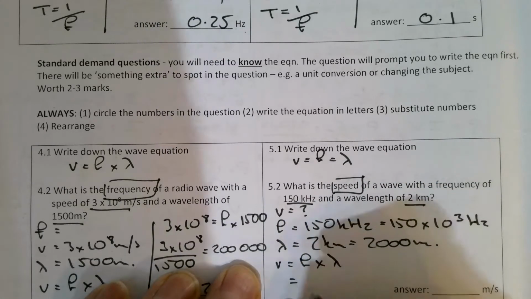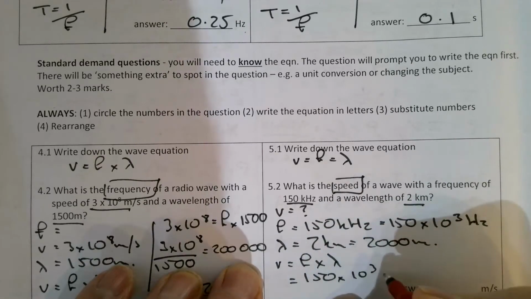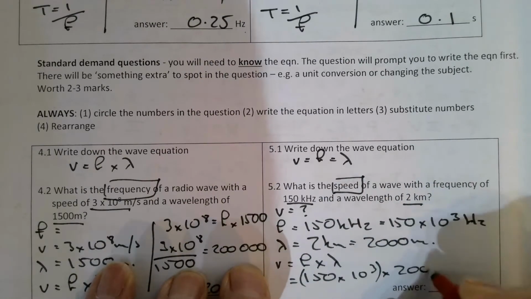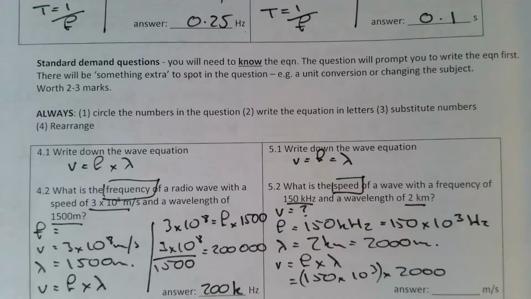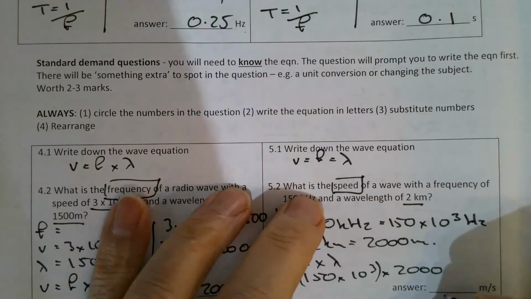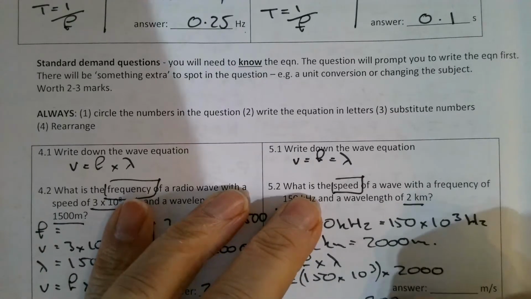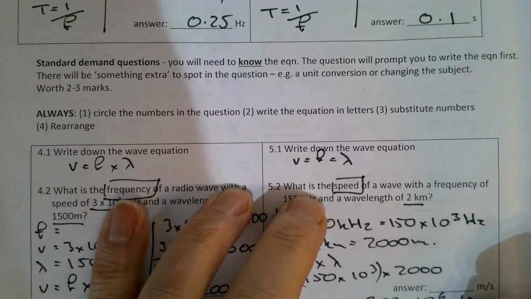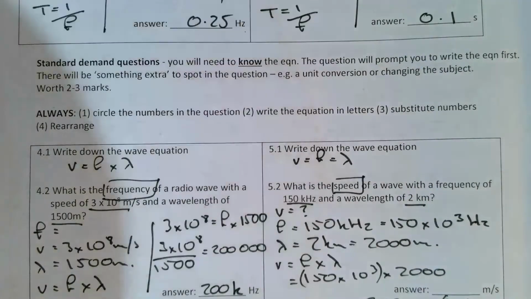Insert my numbers. So that's 150 times 10 to the 3 multiplied by 2000, and that gives me an answer of 3 times 10 to the 6. Well, sorry, 300 times 10 to the 6 meters per second, which is actually 3 times 10 to the 8, the speed of light.